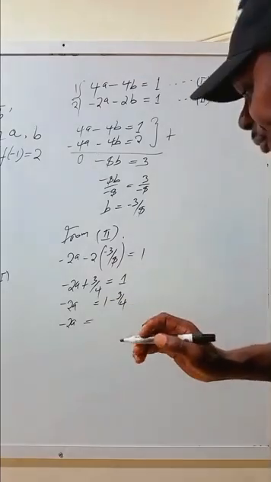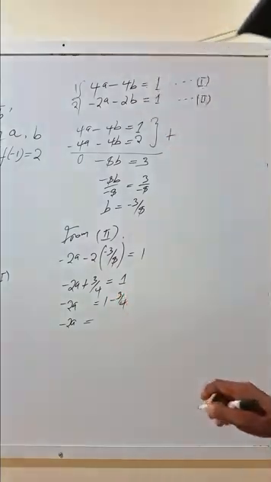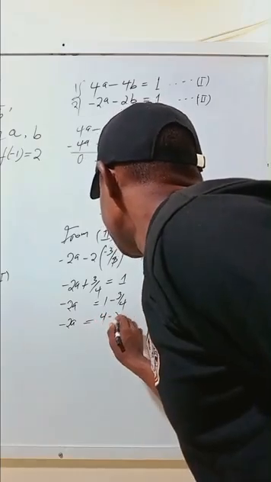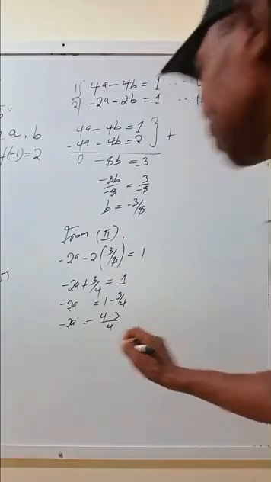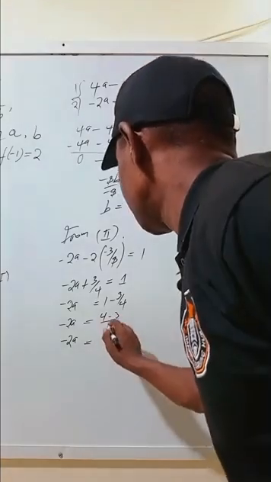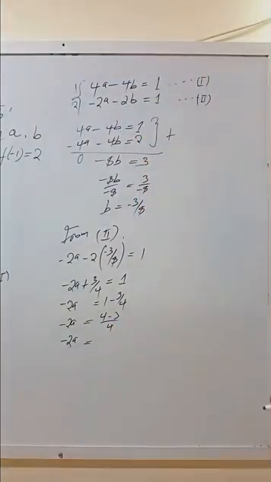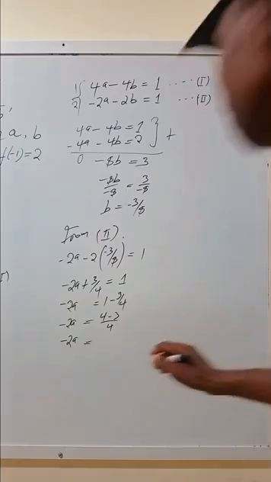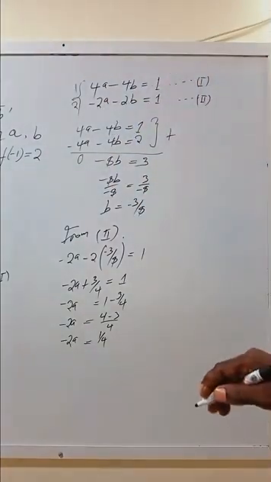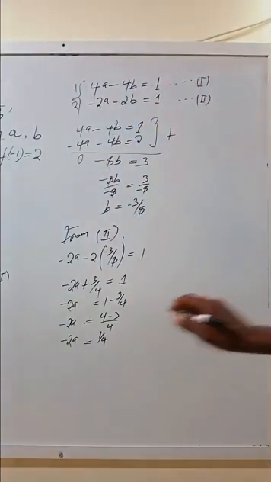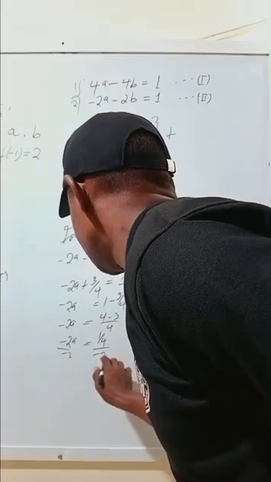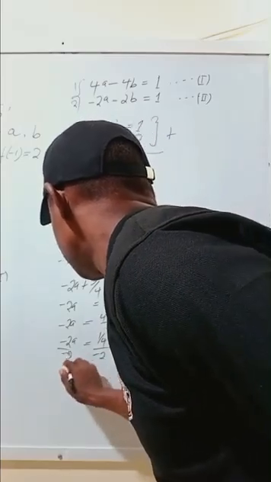So 4 minus 3, this is what I mean, minus 3 over 4. So we get negative 2a to be equal to, what do we get from there? We get a positive 1 over 4.